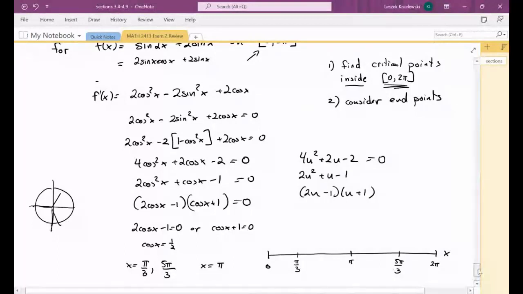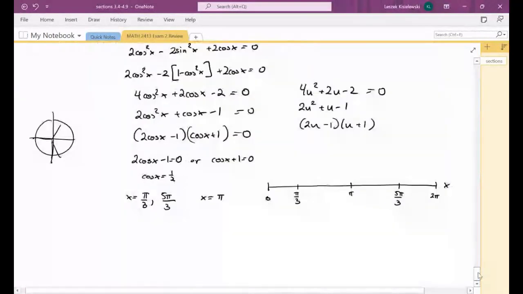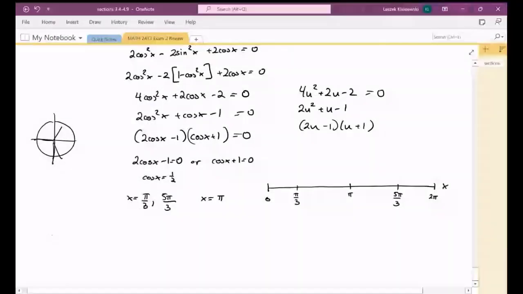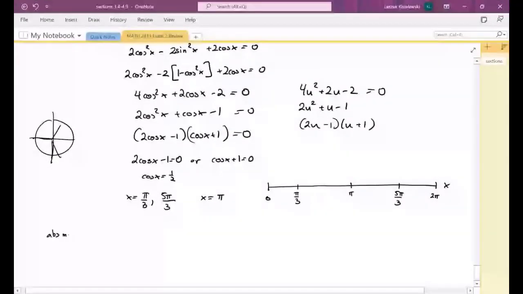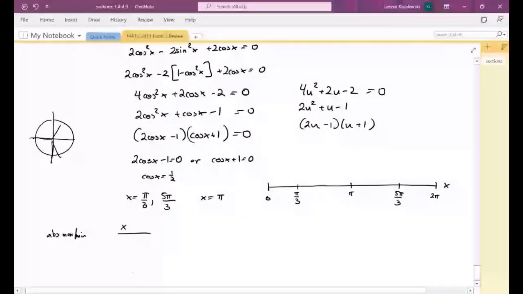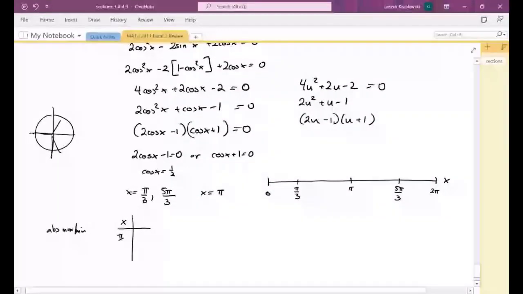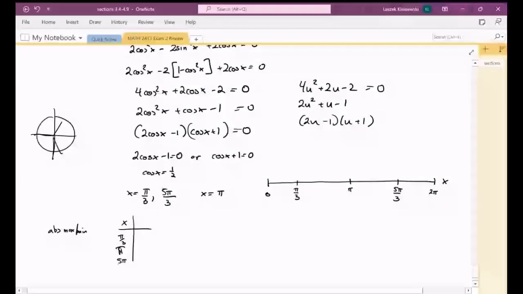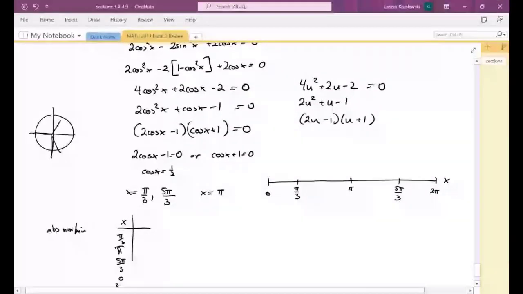If that's all you're interested in, all you have to do is plug all these points into the original function, together with the endpoints as well. So 0 and 2 pi as well.